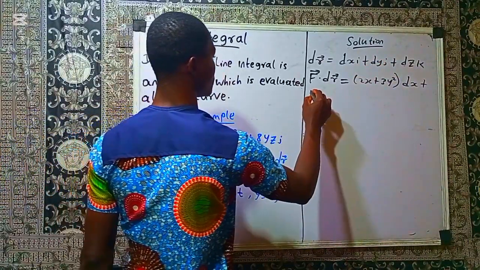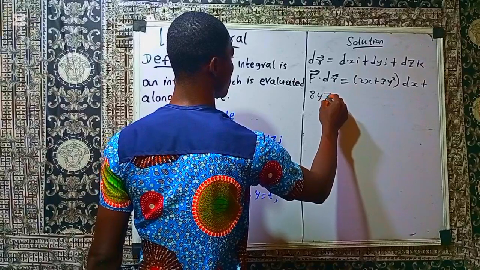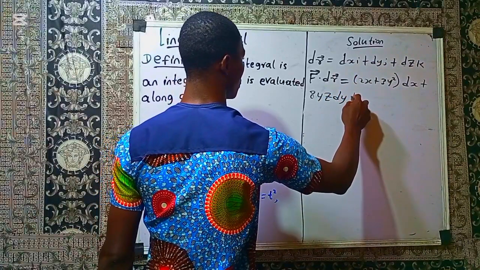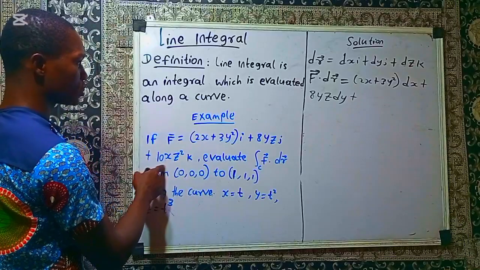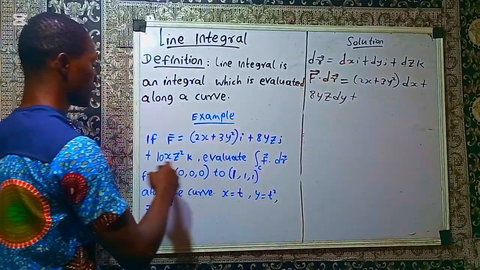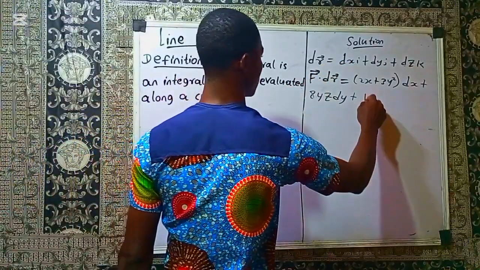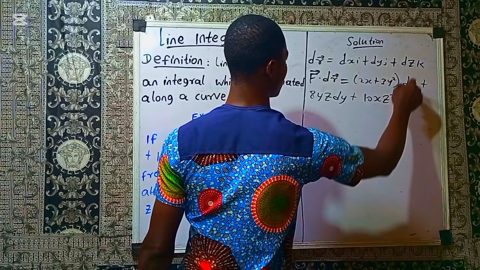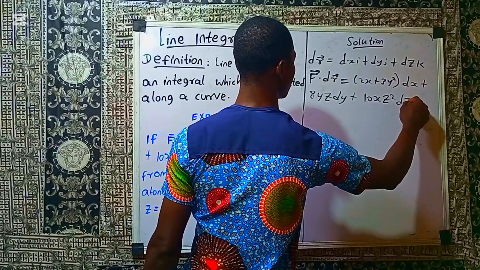J component here is 8yz, multiply the j component here, dy, plus k component here will multiply k component there. K component here is 10x z squared, multiply the k component here, dz.